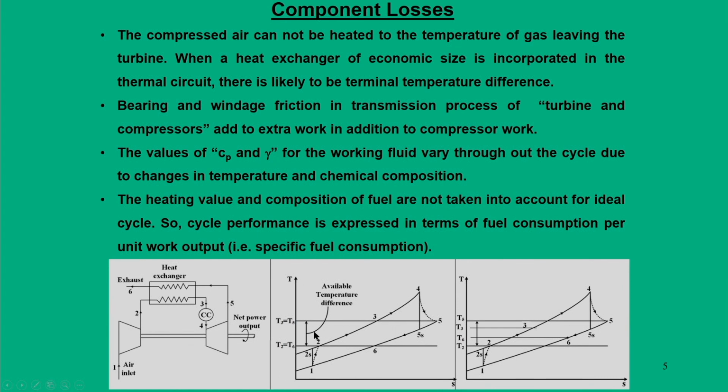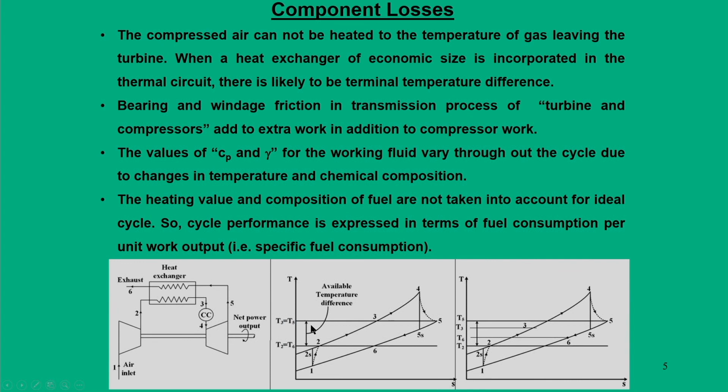Another issue is that the entire idea of the heat exchanger is to preheat the compressed air coming out of the compressor up to an upper limit set by the turbine exhaust gas. Looking at the TS diagram, the maximum available temperature difference is T5 minus T6, but unfortunately, due to pressure losses in the heat exchanger, we are not in a position to capture this total heat content.